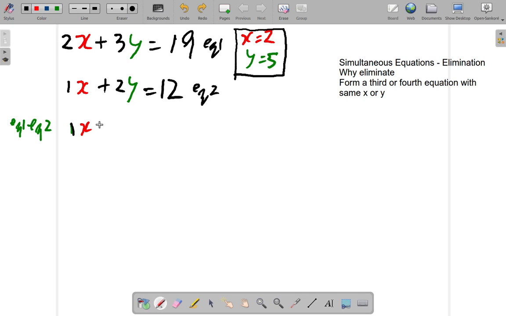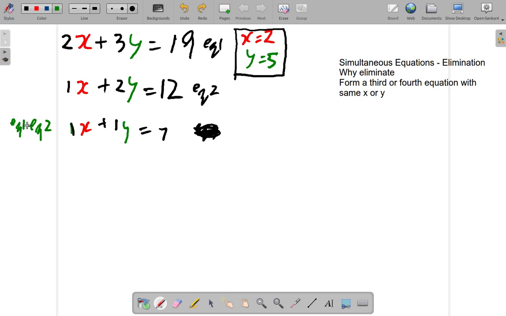Alright, let's continue. Plus 3y minus 2y gives you 1y equals 19 minus 12 is 7. And this is equation 3. The problem is, well, let's not call this equation 3. The problem is you did not eliminate x nor y if you subtract them.